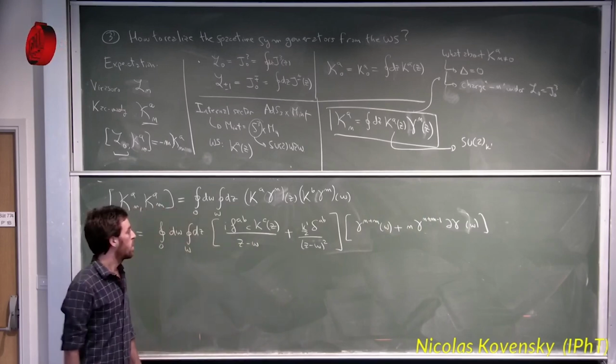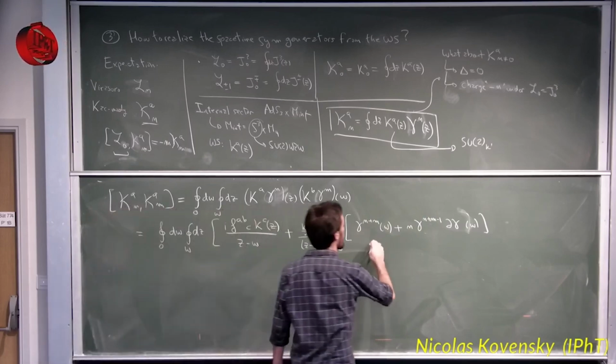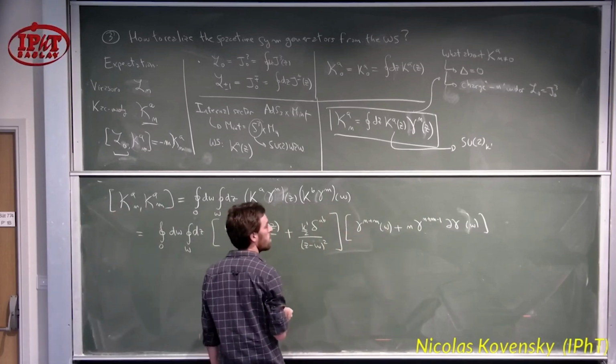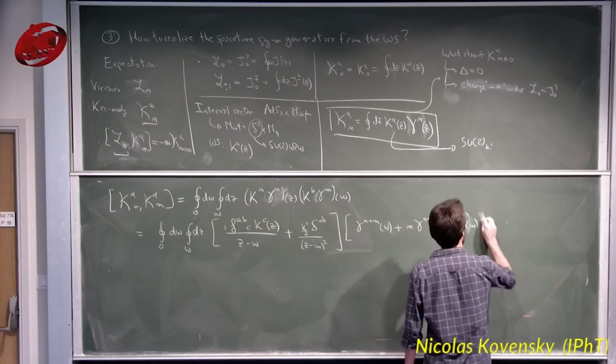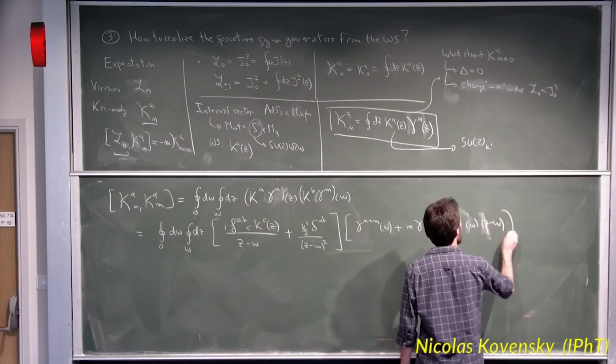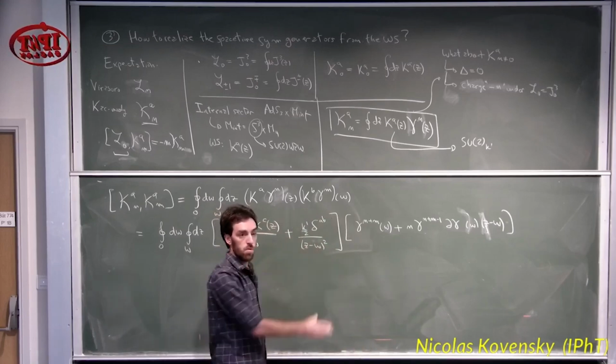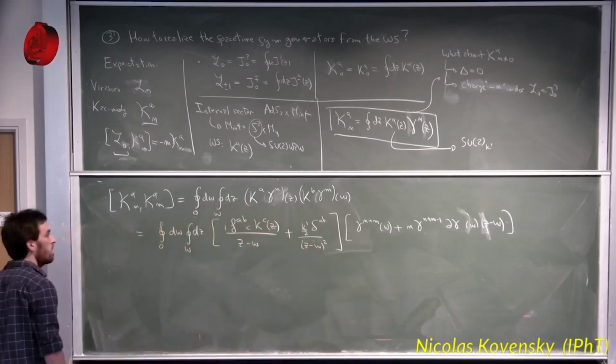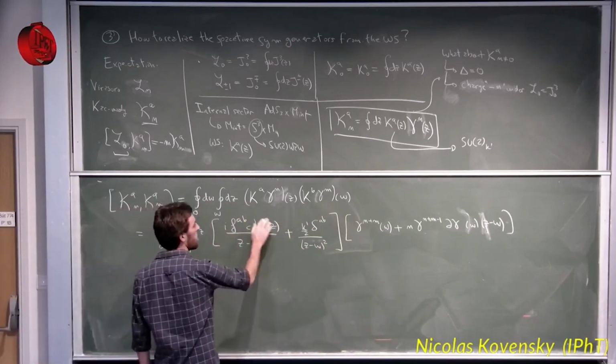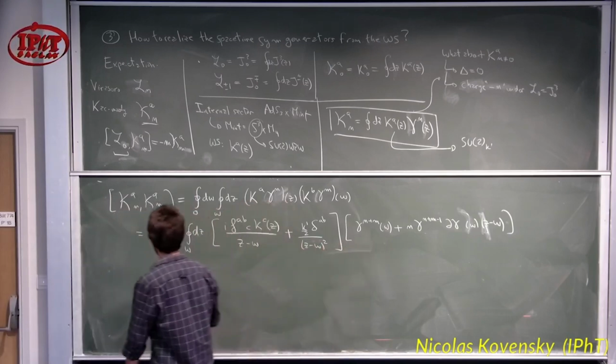And I need to do this expansion because here I have a double pole, so I have a contribution from that. First, this one, then this picks up exactly what I need.